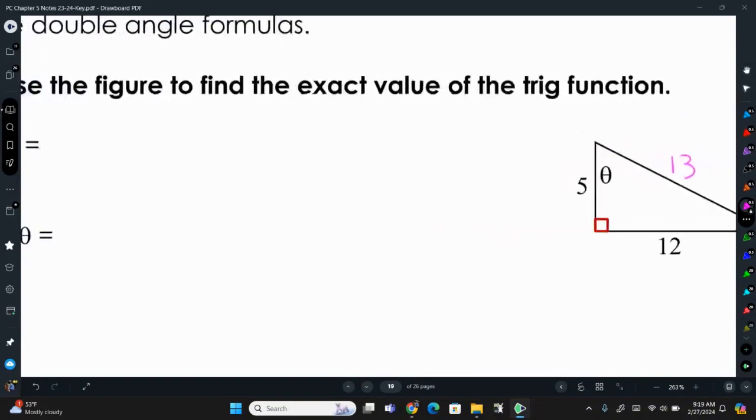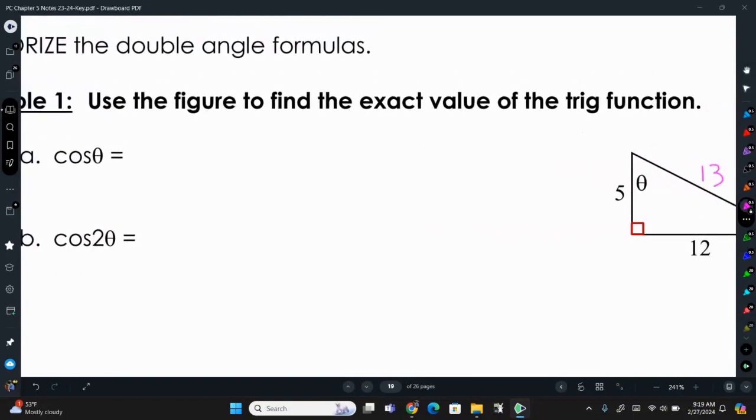So the cosine of this angle, cosine is angle adjacent over hypotenuse, so 5 over 13. Now, it's important to note that the cosine of 2 theta is not 2 times the cosine of just plain theta. We can't take this 2 and move it out front. It would be super convenient.